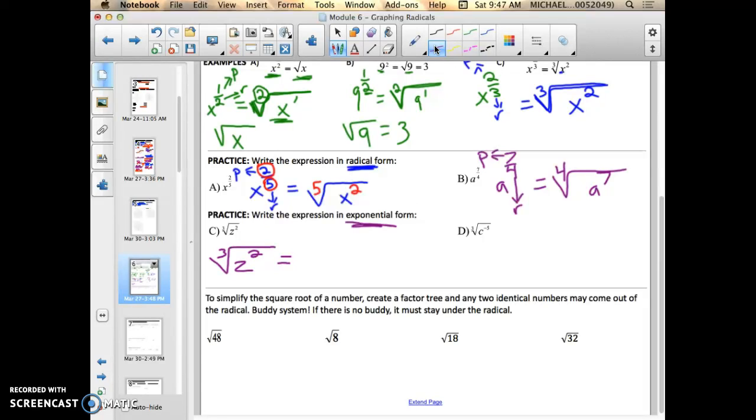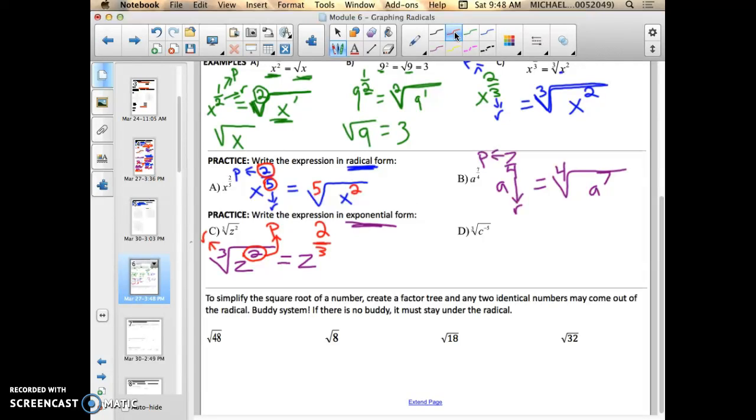So for rational form, I'm going to still include the variable, z, and then I'm going to identify my root, and I know my root to be the number paired with the radical, and I know my power to be the one that exists above the variable. And that looks pretty similar. Again, root goes with the radical because this is the cubed root, or the 3rd root, and then the power stays with the variable. So to write that, though, in rational form, the power goes above. The power is the numerator, so it's 2, and then the root, or r, goes below. So it's z to the 2/3 is my final answer.